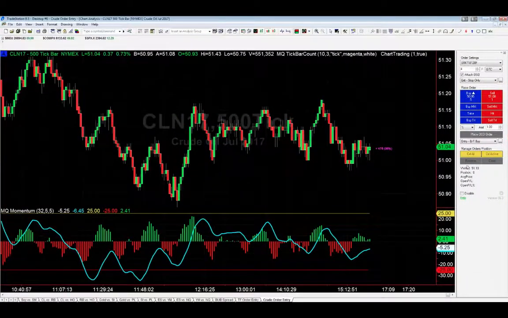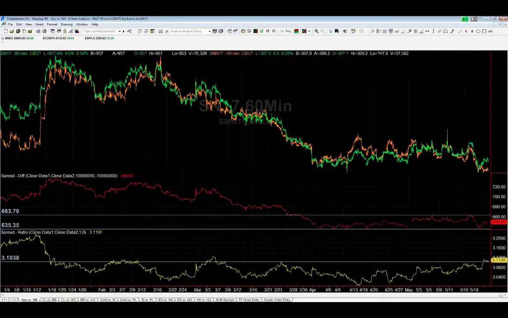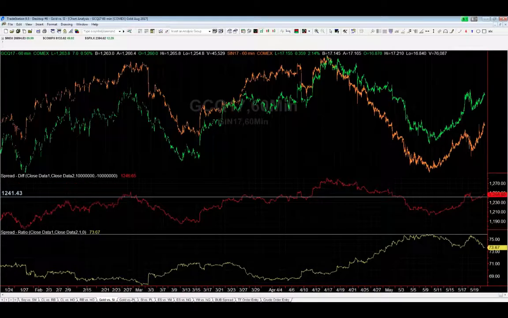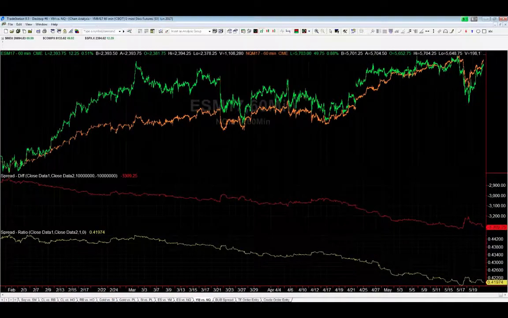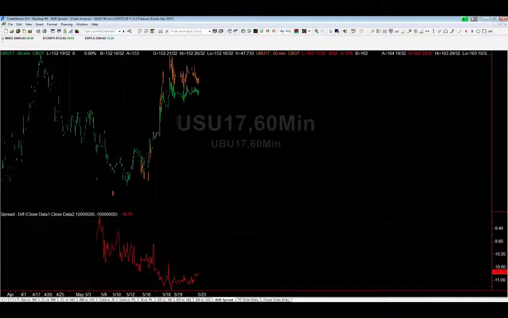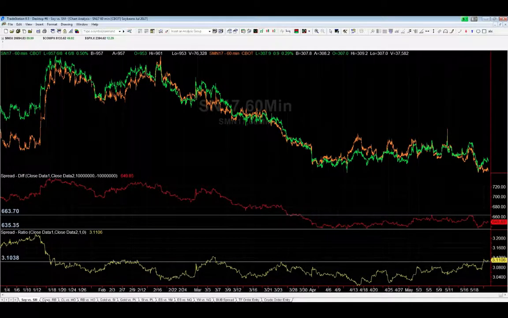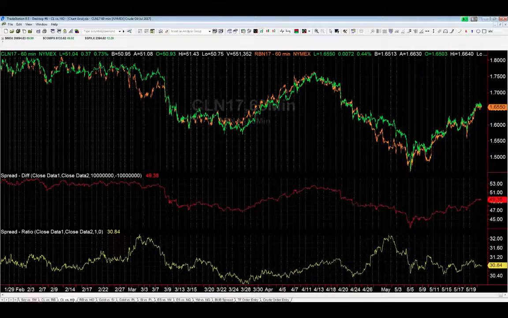So this is what I have. I don't have all the pairs, but I have a bunch of them, set up this way in different tabs across the bottom, so I can quickly look at whichever one I'm interested in. I'm always going through here updating the front month and back month so I know where it should be trading. Make sense? Yes, I have a different workspace for each pair.